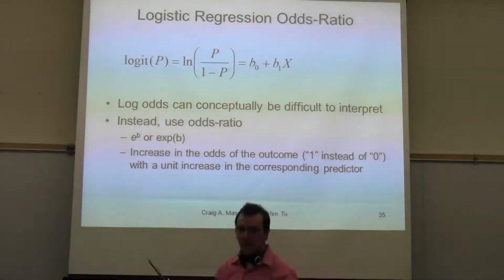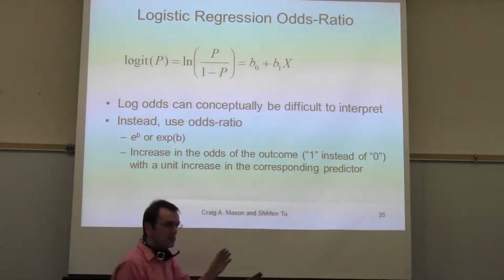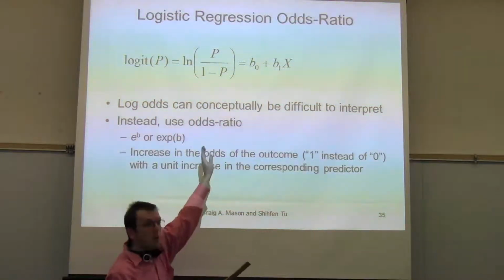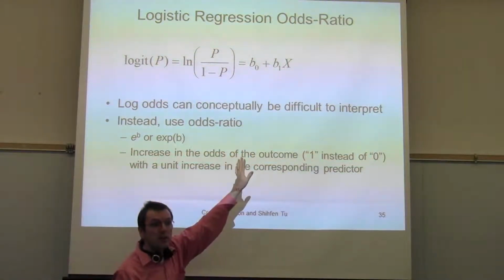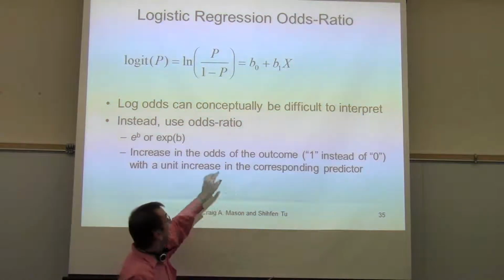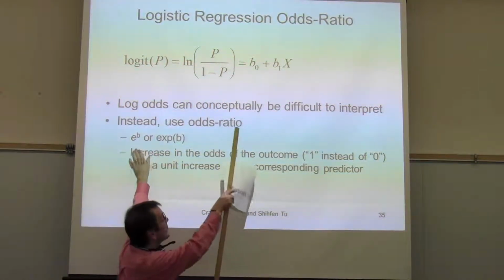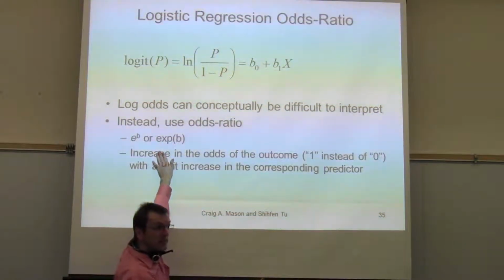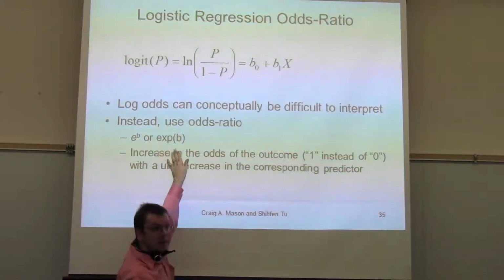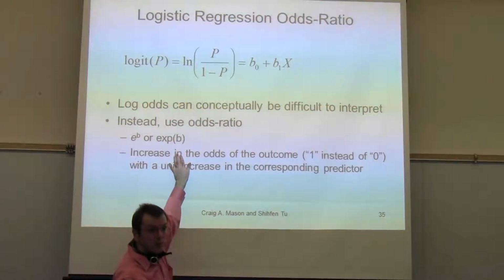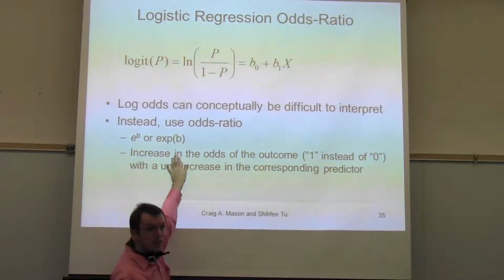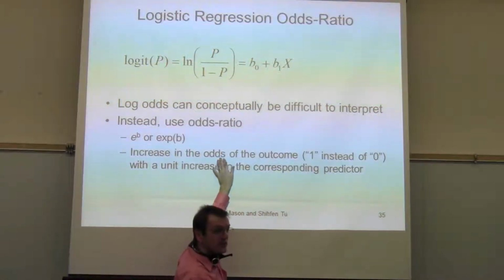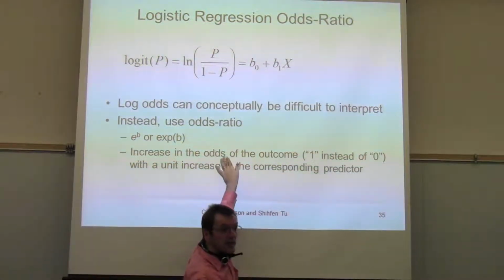So if I increase education by 1 year, I'm not going to try to interpret the b as log odds. Instead, I'm going to take that regression coefficient, raise e to the power of b, and calculate my odds ratio. And what this tells me is that with a 1 unit increase in x, my odds go up by e to the b.